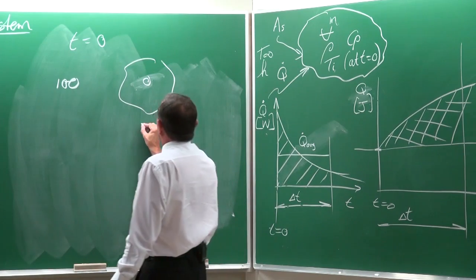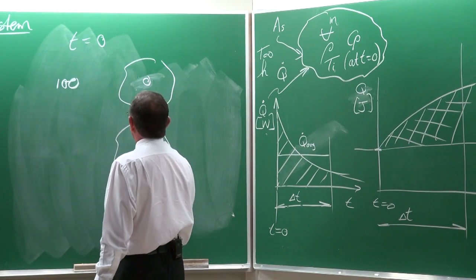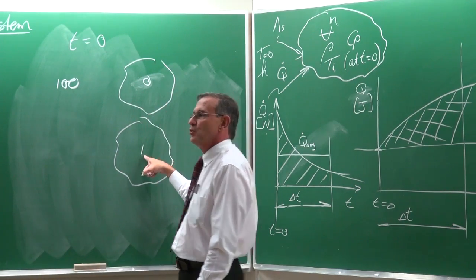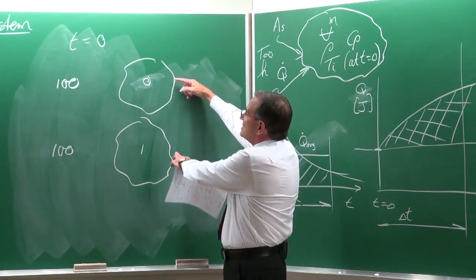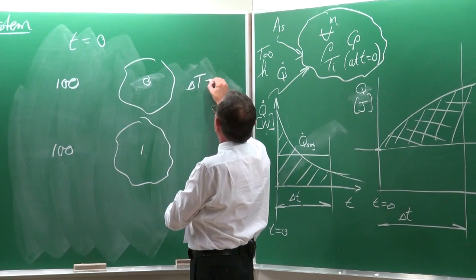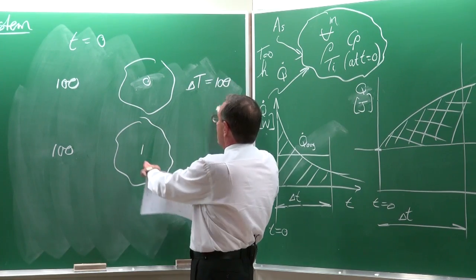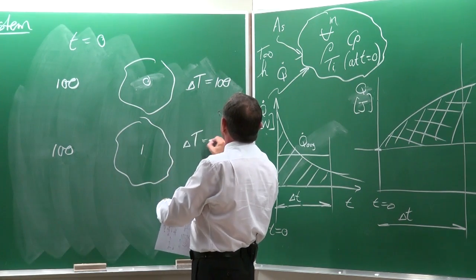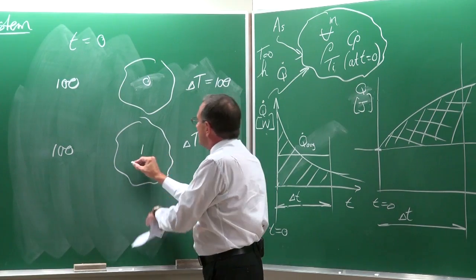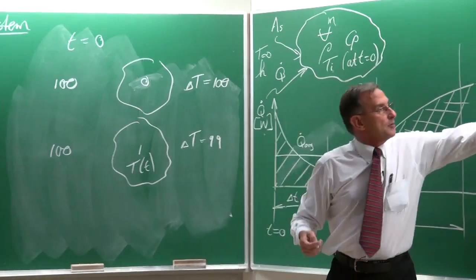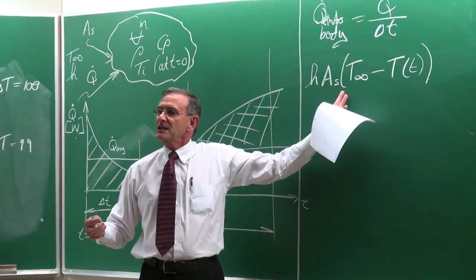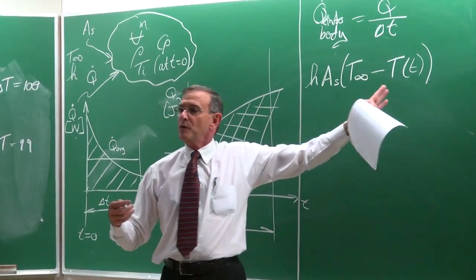Now let's suppose 1 second later this temperature increased to 1 and that temperature stays at 100. So you can see that the delta T was originally 100 and now the delta T is 99. So the temperature I'm referring to is T infinite minus the temperature of the body.